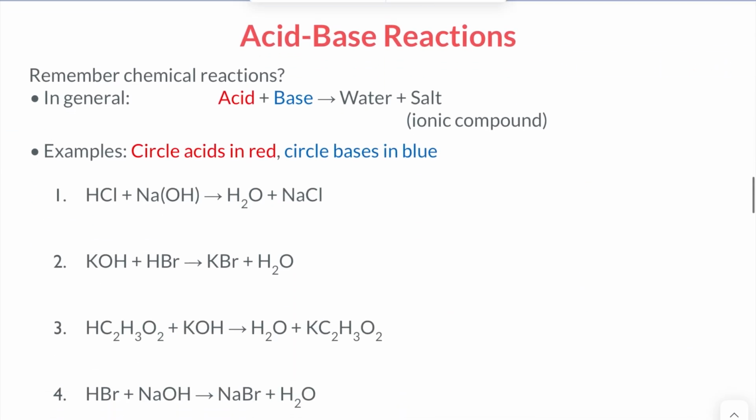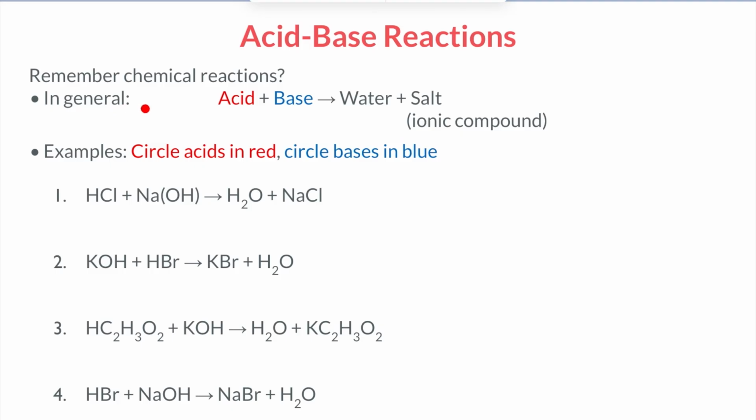As we start to look at reactions, we actually didn't talk about acid-base reactions in our chemical reactions unit. We just referred to those as double displacement reactions because these do behave the same. HCl plus NaOH producing H2O and NaCl is a double displacement reaction where those are switching partners.